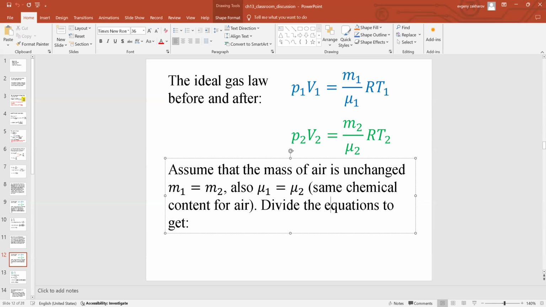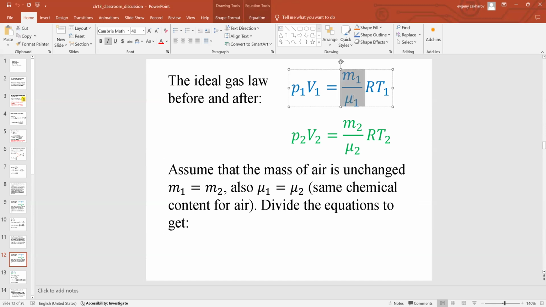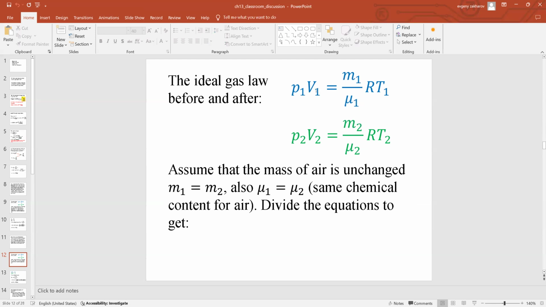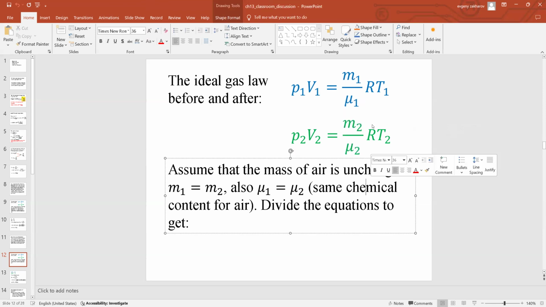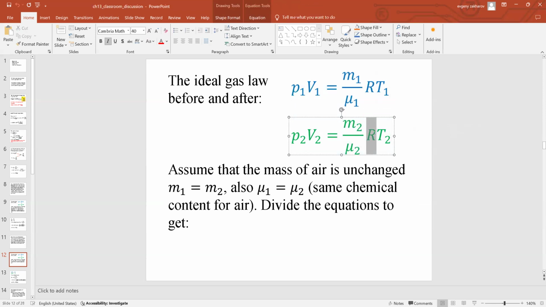You didn't add any argon or neon, any other gases that you can think of. None of that was added. It's still air. So the ratio m to mu is constant. And if you divide the top equation by the bottom, this just cancels. Whatever the ratio is, it's the same ratio for the conditions before and after. Also, R will cancel because it's the gas constant. It's the same value, so divide top by the bottom.